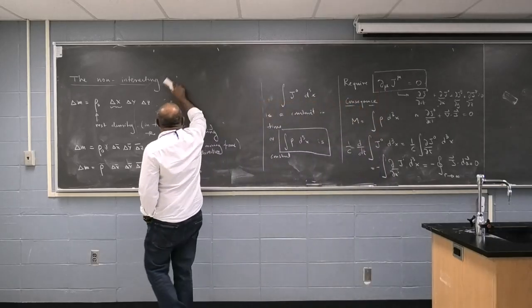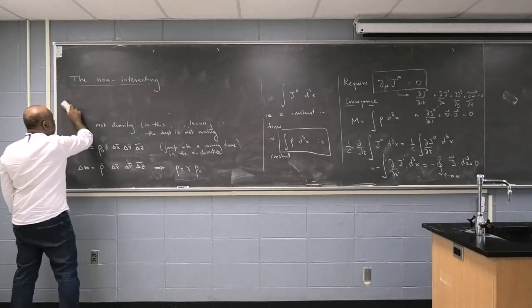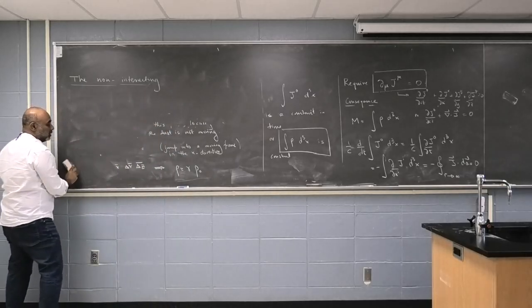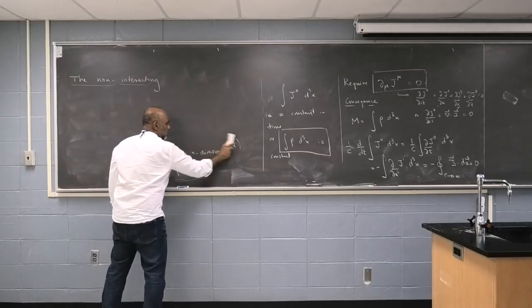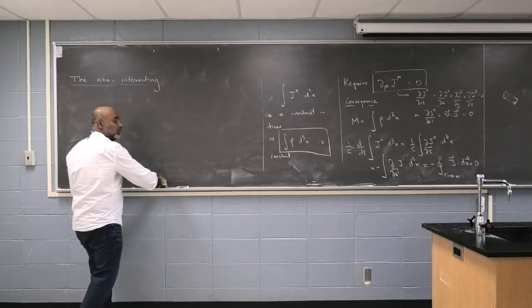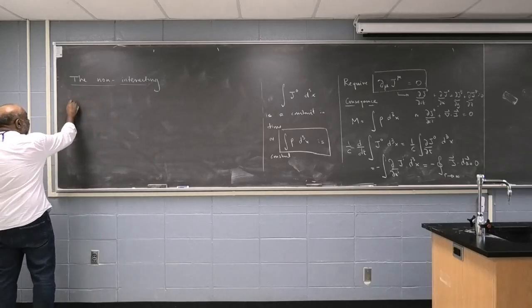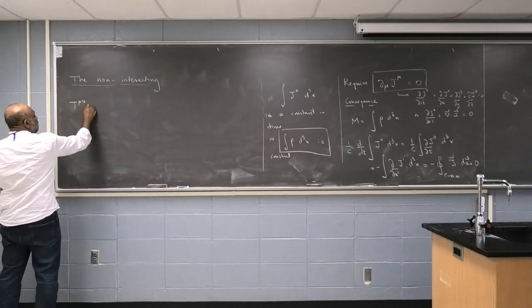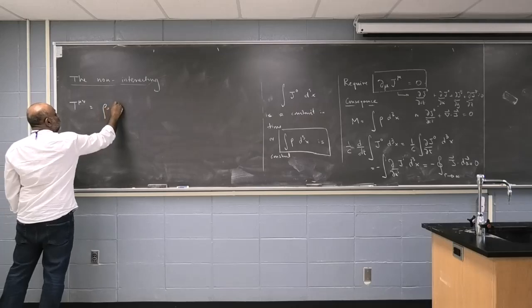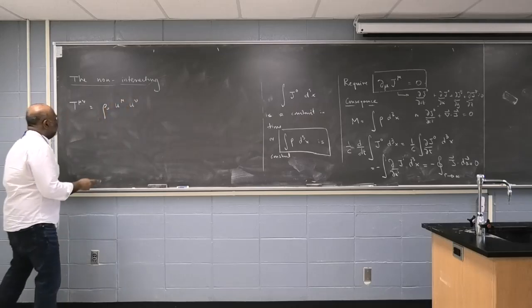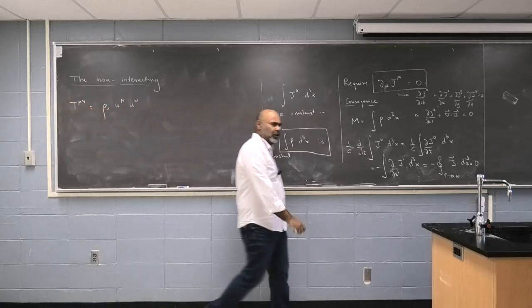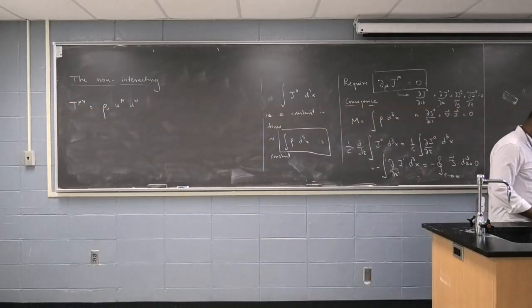But we didn't start off trying to create a mass current. We need an energy momentum tensor. So in this case, we'll define T^{mu nu} equals rho 0 U^mu U^nu divided by c squared.